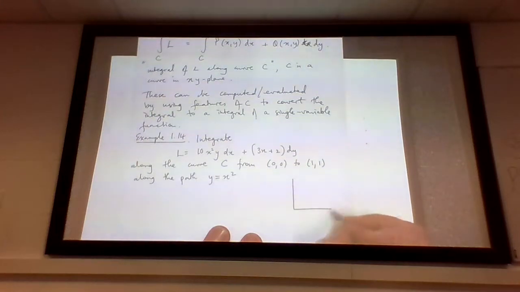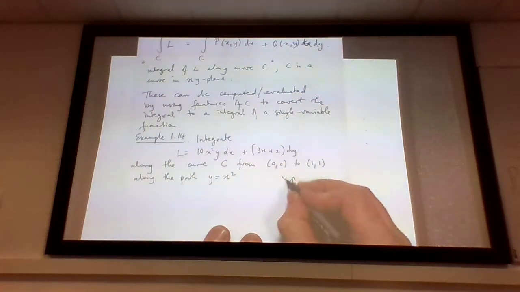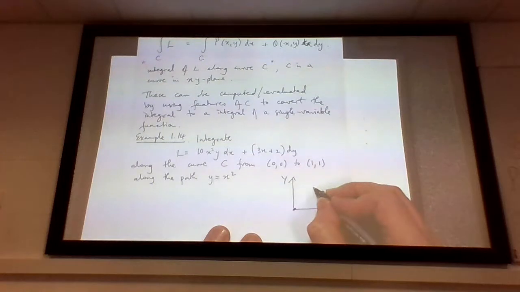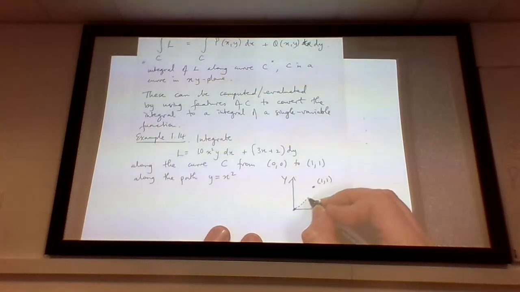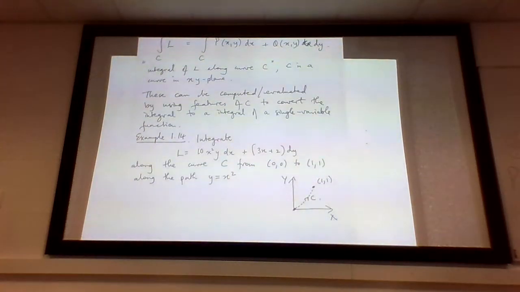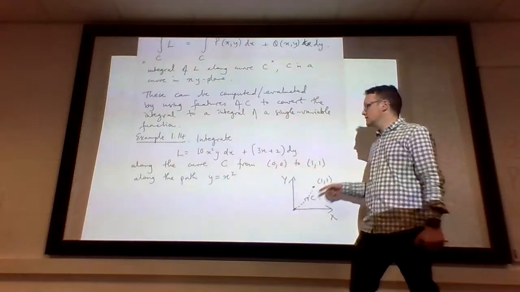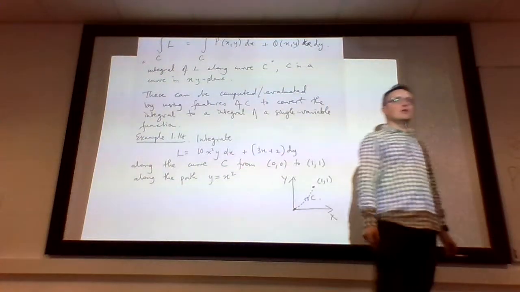Okay, so in the domain of this function, we've got the origin, we've got the point (1, 1), and we're going along this path C. The path is described as y equals x squared.